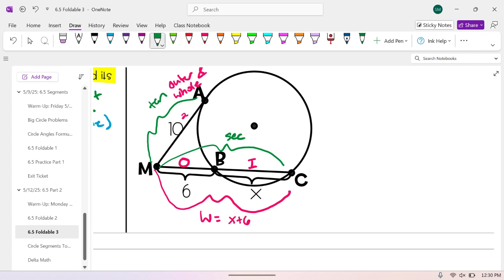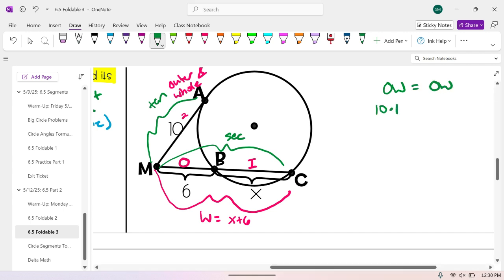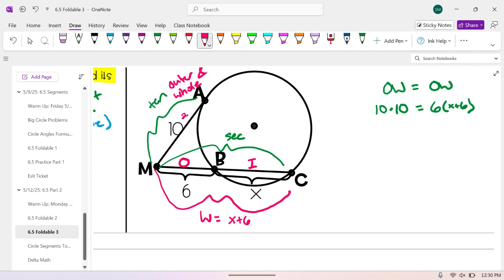So if I set it up still using outer whole is equal to outer times whole, that means I'm doing 10 times 10 for my tangent, because again, it counts twice, is equal to 6 times x plus 6, because I'm doing my outer times my whole. So this would be the same thing as 10 squared is equal to 6 times x plus 6. And then I can start the solving process.